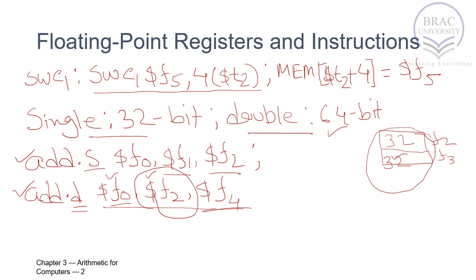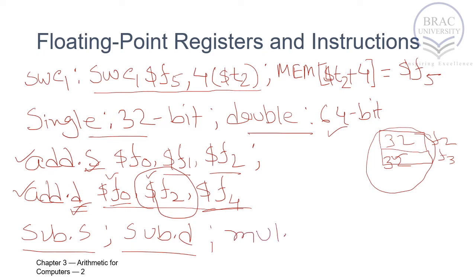So we can have a single precision variation or a double precision variation of the same instruction. This is true for sub as well. For sub, you have single precision, as well as double precision. So for any arithmetic operation, it could be multiplication, so mul dot s, or for double precision mul dot d.